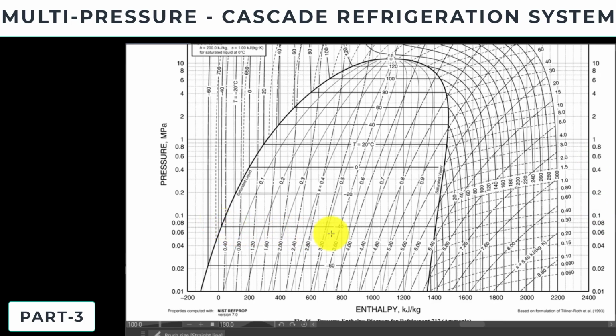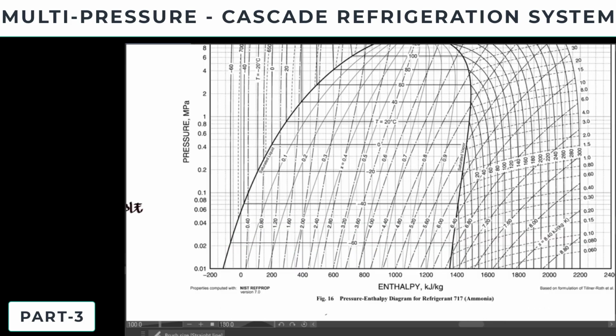So 0.08 is somewhere here, close to negative 34, so maybe 0.08 or 0.09, it lands somewhere here. Let's draw the line representing the pressure, somewhere here. And this is my point 1.